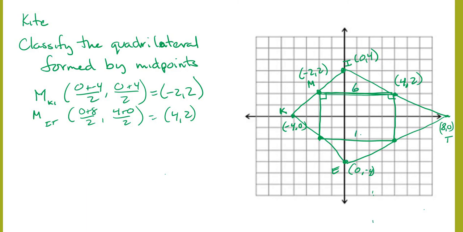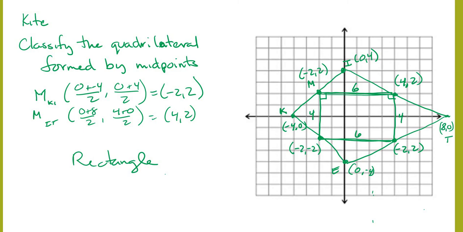The same holds true down here. And then my vertical distances are 4. So I got lucky because they were horizontal and vertical lines, which made it very easy to determine that they were perpendicular to each other. And then when I found the distances of the sides, I can clearly state that this is a rectangle. And that's the most precise name I can give it.